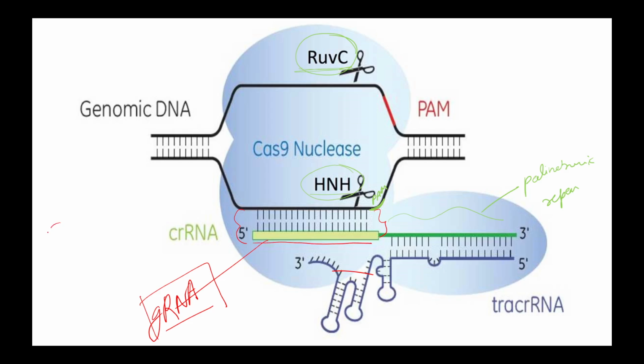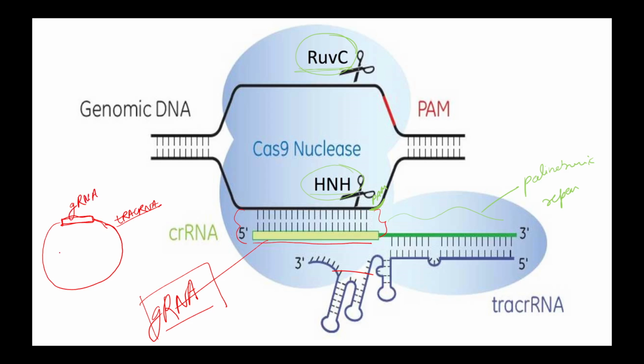So for your tool designing, you can take a vector or a plasmid where the tracer RNA sequence is already there, and there you can clone or fuse this complementary guide RNA.